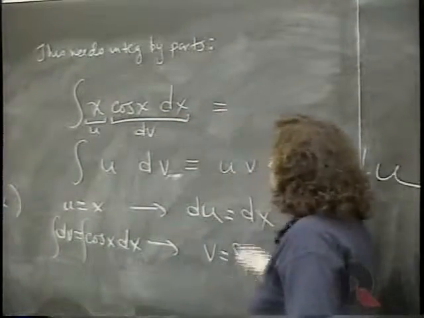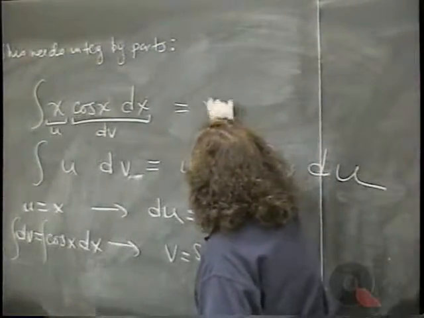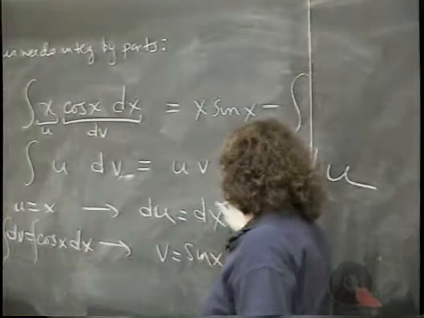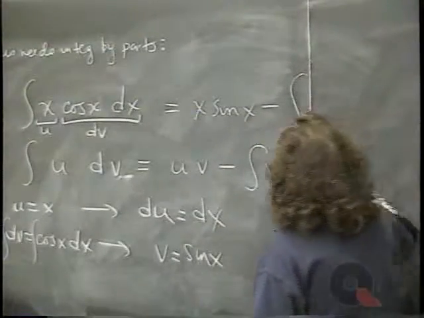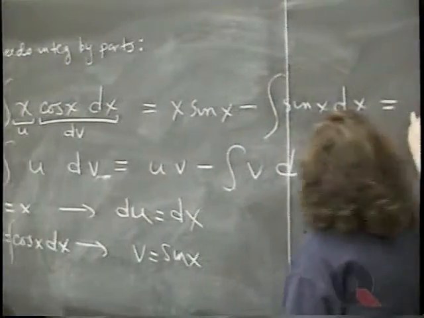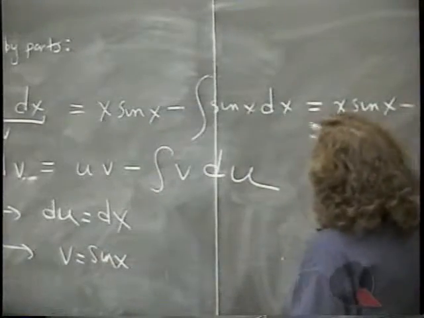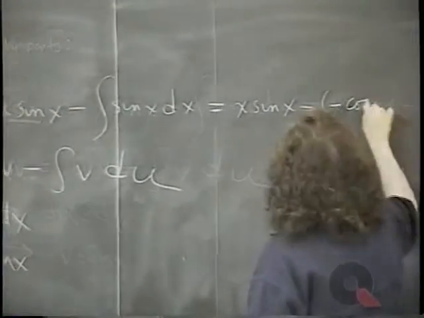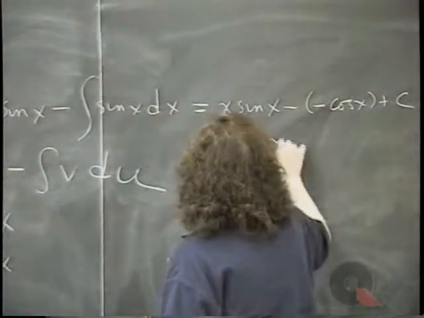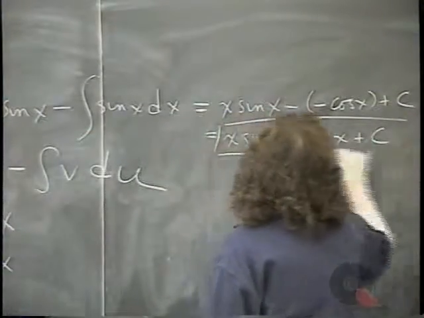So, according to our formula, we're going to write uv, x sine x, minus the integral of v du. So minus the integral of sine x dx to give us x sine x minus, now the integral of sine is minus cos x plus c, for an answer of x sine x plus cos x plus c.